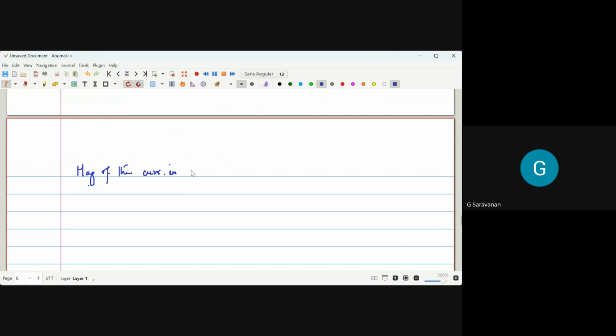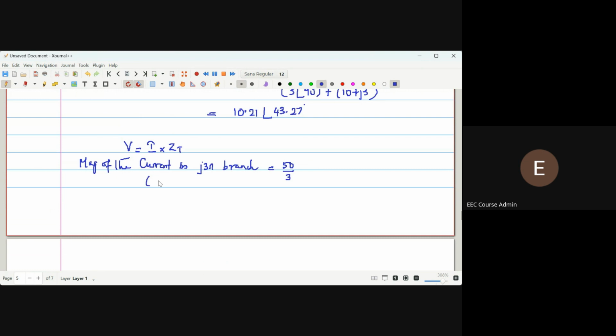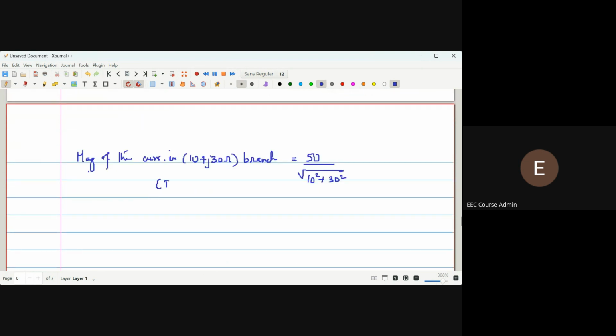So the magnitude of the current in this 10 plus J30 ohm branch will be, similarly, 50 divided by the square root of 10 squared plus 30 squared. If I take this as I1 and this as I2, then I1 plus I2 will be the total current.